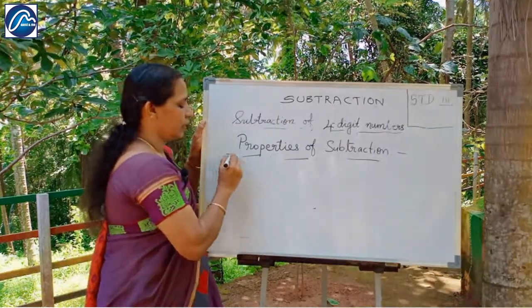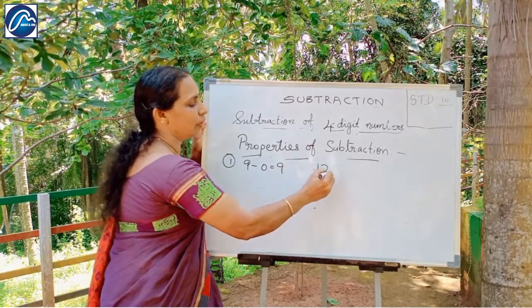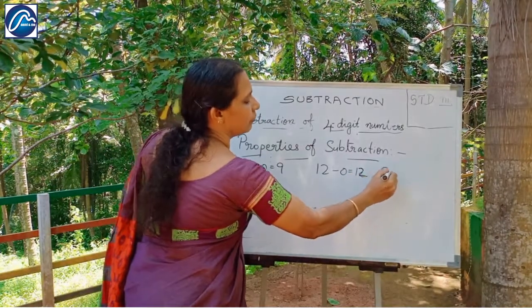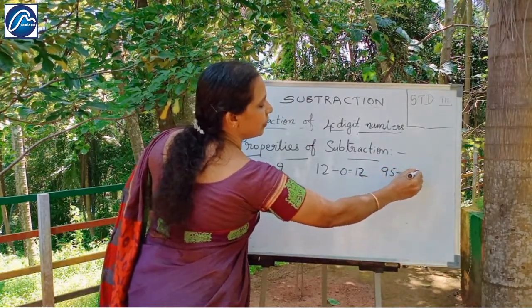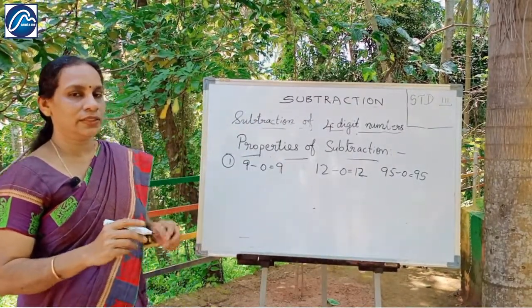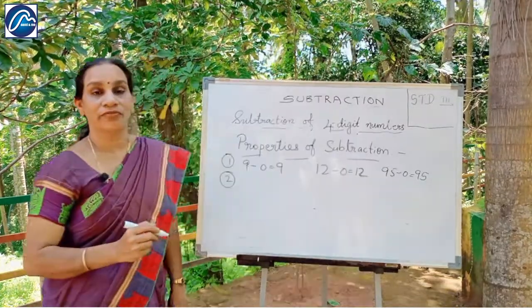Okay. 9 minus 0, 9. 12 minus 0, 12. 95 minus 0, 95. Okay, it is clear. You have learned this also. Next one, subtracting 1.